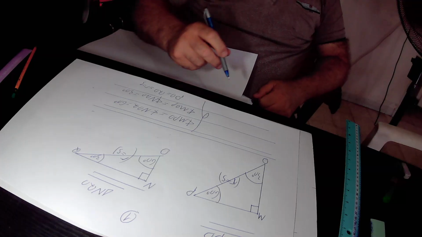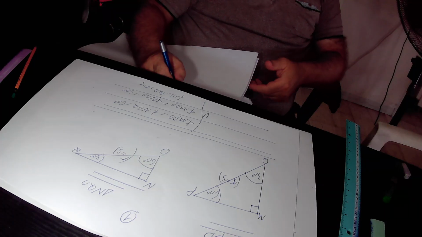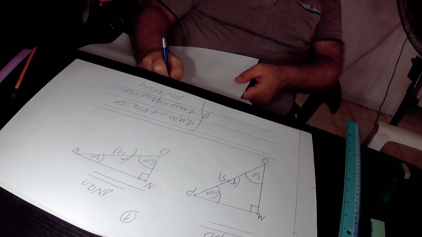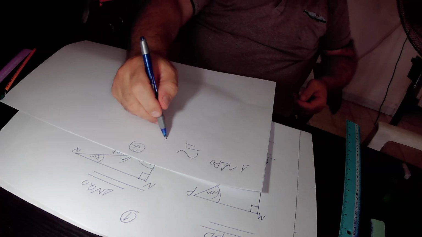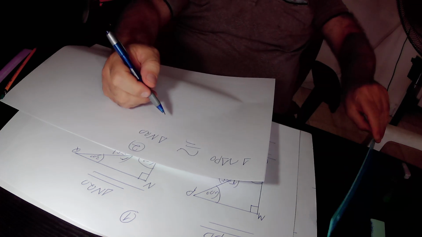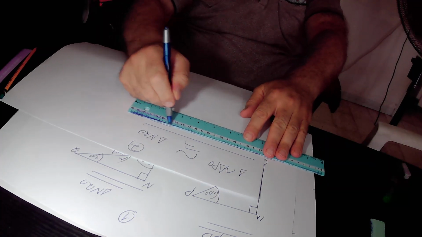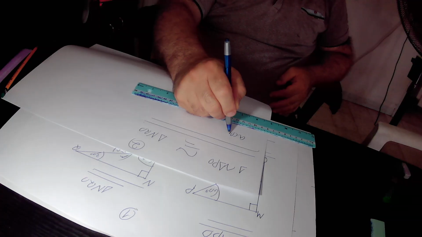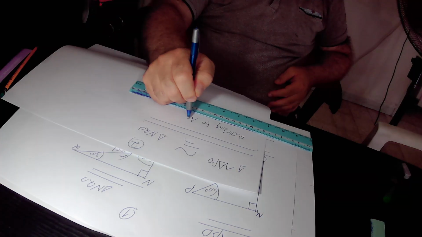We have proved that the right triangle MPO is congruent to the right triangle NQO according to the angle side angle rule.